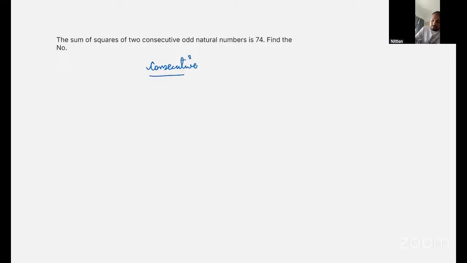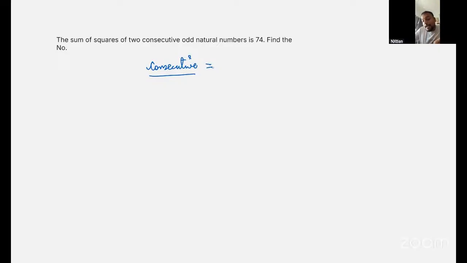So consecutive means one after one. What is the meaning of consecutive? One after one. Basically, if I say a number 10, what is the consecutive number of 10? 11. Yes, 11 is a consecutive number.